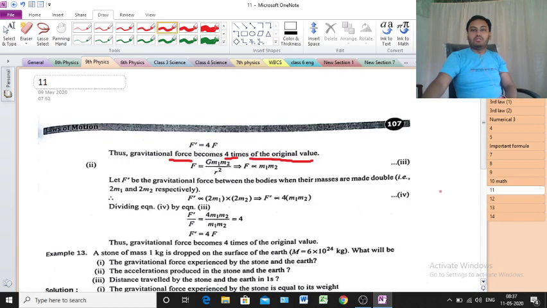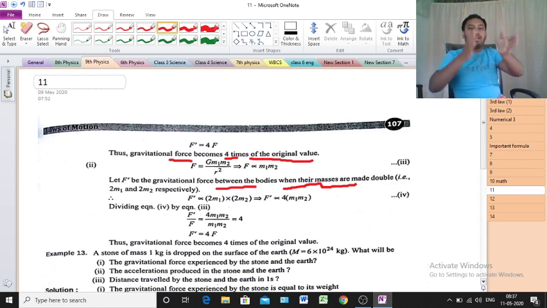So now let F prime be the gravitational force between the bodies when their masses are made double. In that particular time, let's say F prime is the force of attraction.